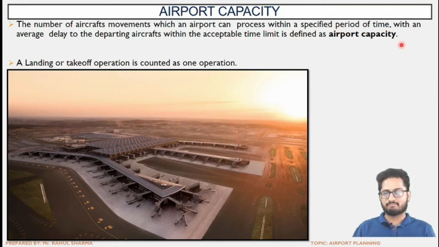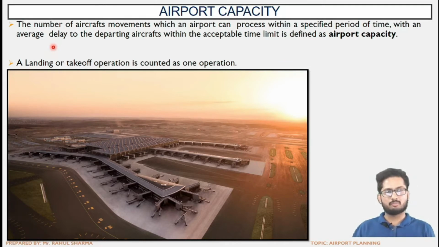So the features included here are, firstly, the number of aircraft movements, that is landing and takeoff, which can be handled within a certain duration of time with a sort of allowable delay. There is a range for allowable delay depending upon the operation, depending upon the number of aircraft.